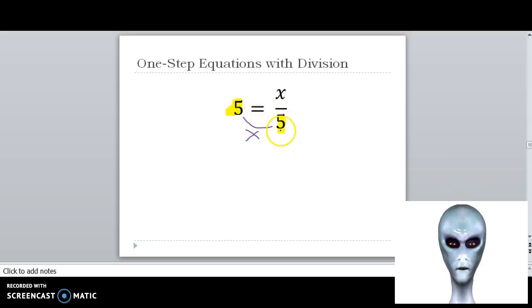So in this case, 5 times 5 is 25. If I plug 25 back into my equation, 25 divided by 5 gives me 5. Or 5 times 5 is equal to 25.